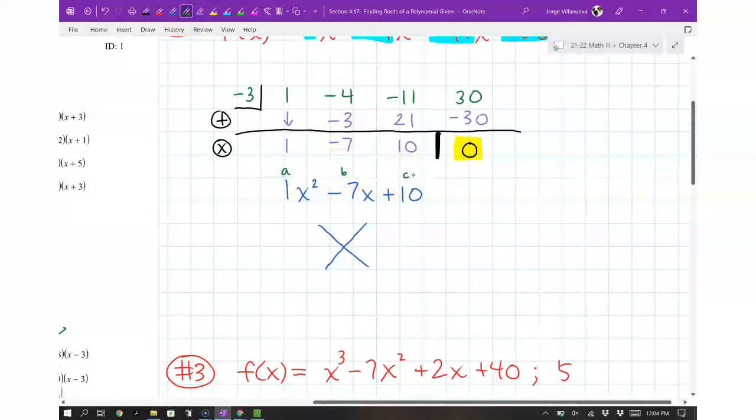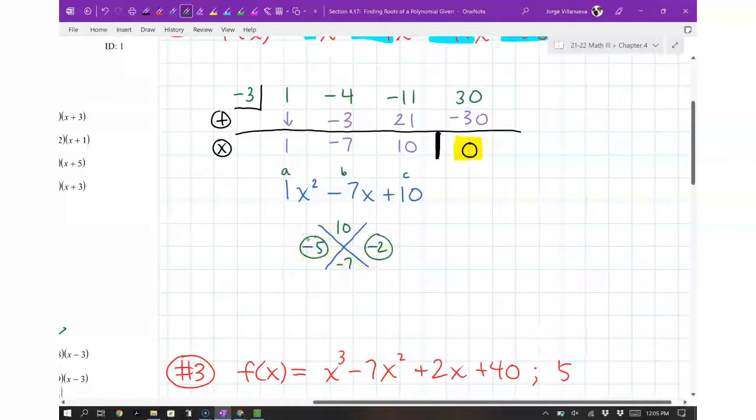On the top of the X, you multiply A times C. That's going to be 10. On the bottom, you drop down your B value. That's a -7. Okay? So, what 2 numbers multiply to 10 but add up to -7? Alright, -5, -2.